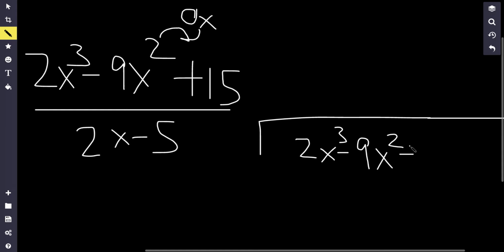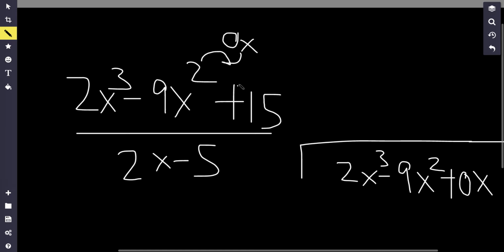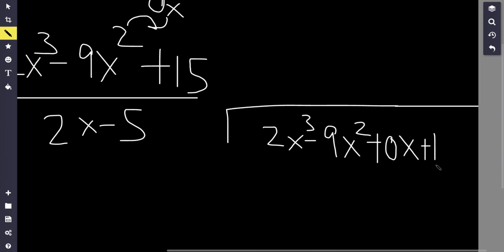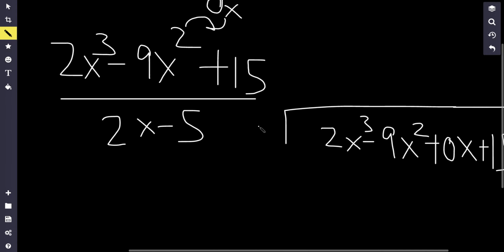So that's exactly what we're going to put inside the division side. If you don't see an x term, if it skips it, that means just put a 0 in for that place. Plus 15. And we divide this by 2x minus 5.